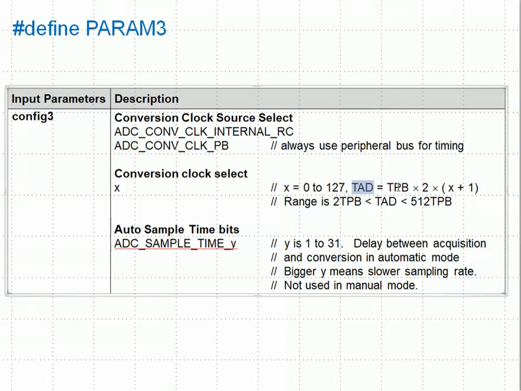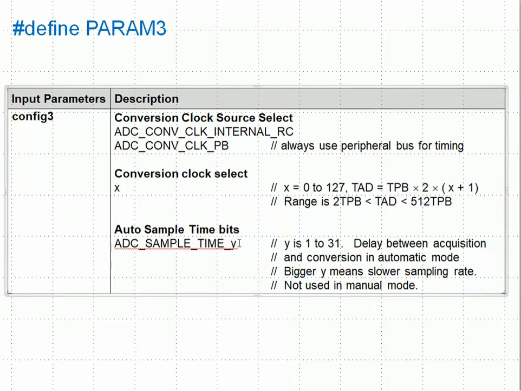So for us at 8 megahertz, TPB is 1 over 8 million. You select just this one. If X is 0, you're at 2 TPB. If it's 127, then this is 256 times TPB.